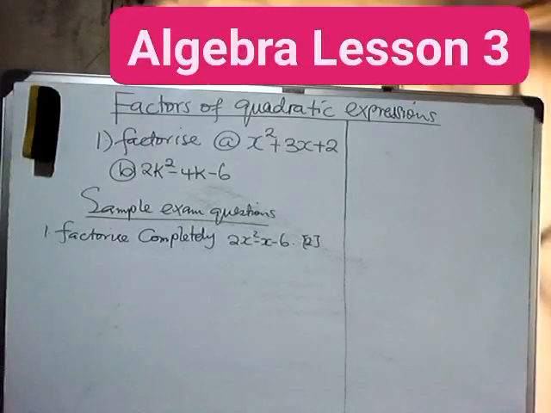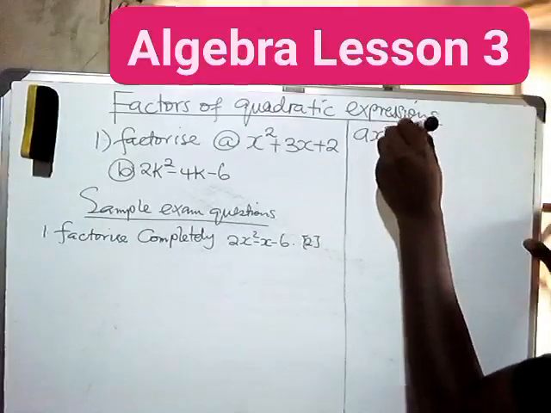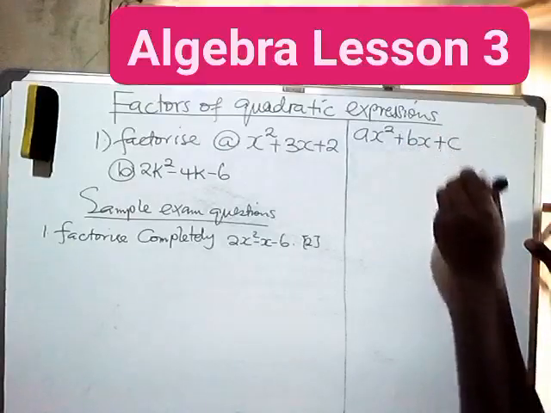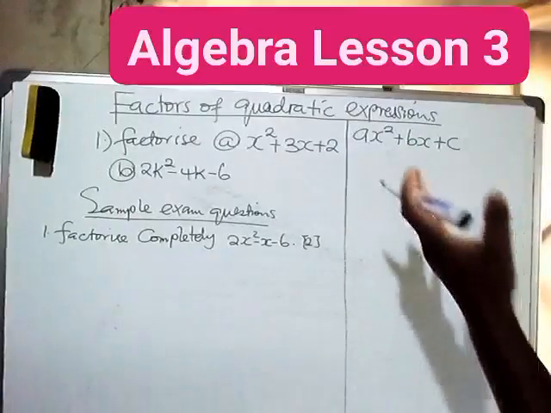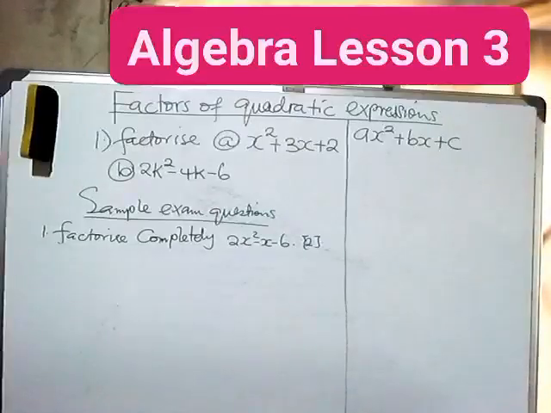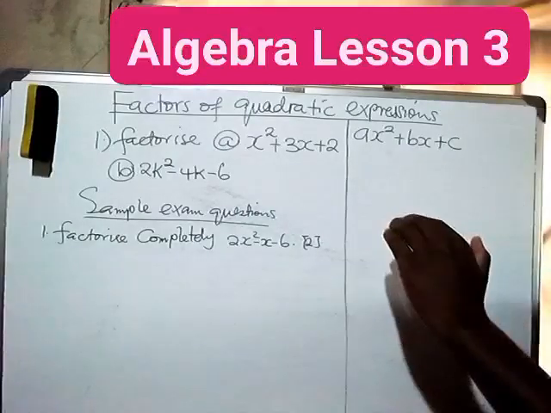We look at the factors of quadratic expressions. By the way, a quadratic expression is an expression in the form of ax squared plus bx plus c, where a, b and c are constants, meaning they represent numbers.